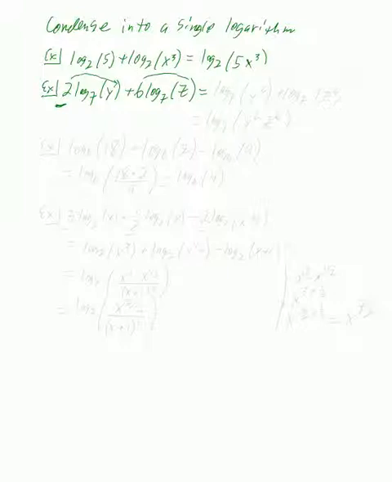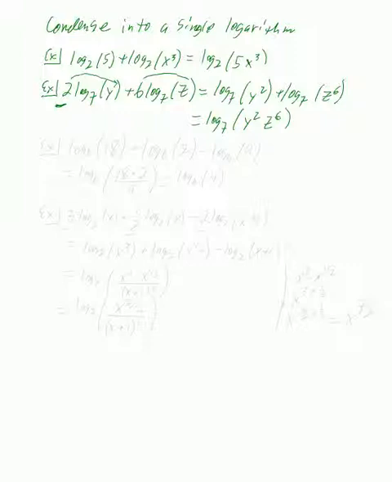Same with the 6. So log base 7 of y squared plus log base 7 of z to the 6th. Now, again, rule number 1 is going to apply because I'm adding in between. So this is going to give me log base 7 of y squared, z raised to the 6th power. And there we've condensed it again into a single logarithm.